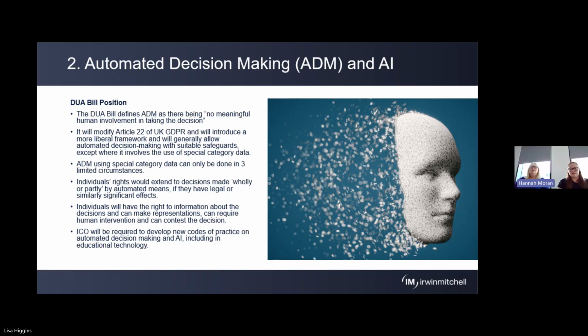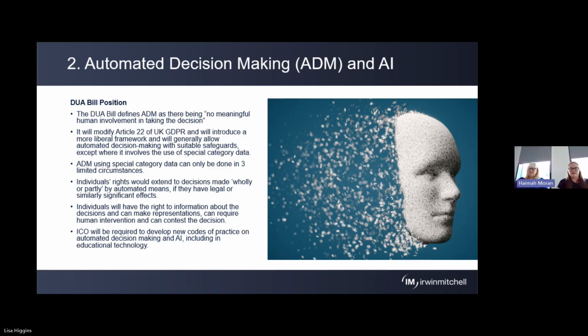So if you're going to use automated decision making, or you're going to use it for filtering, or AI for filtering, for example, and you're going to be looking at things like trade union membership, health, ethnicity, religious beliefs, then those sort of things fall within the definition of special category data, and you will still be restricted in that it can only be used in certain circumstances.